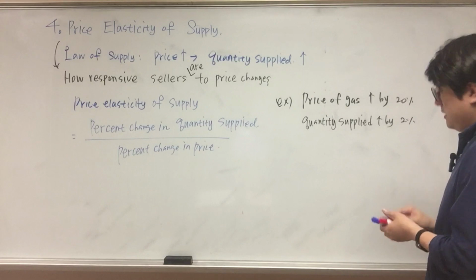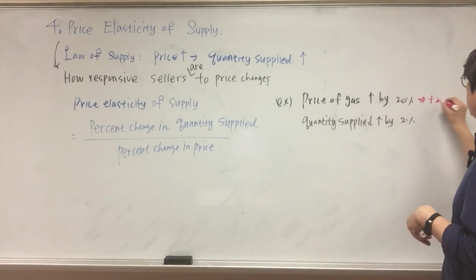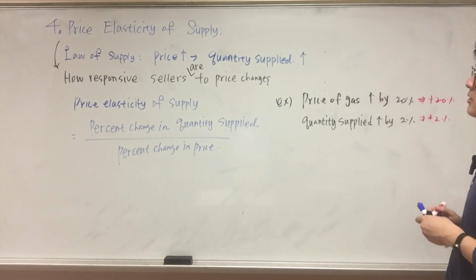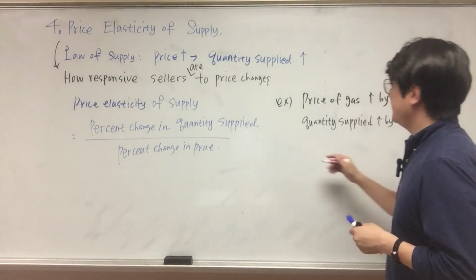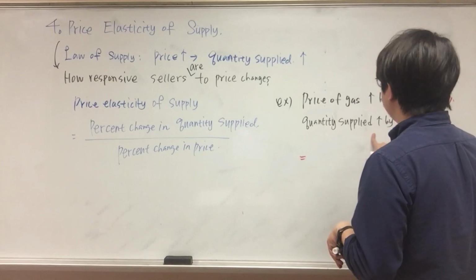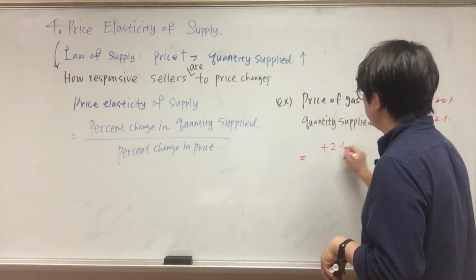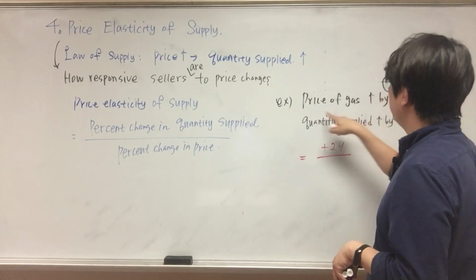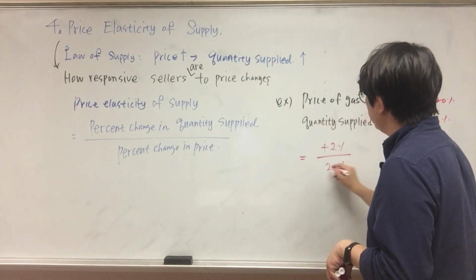Okay, so here both of them are positive values, plus 20% and plus 2%. So by using this price elasticity of supply, we can find the value. Percent change in quantity supplied is plus 2% divided by percent change in price, 20%.